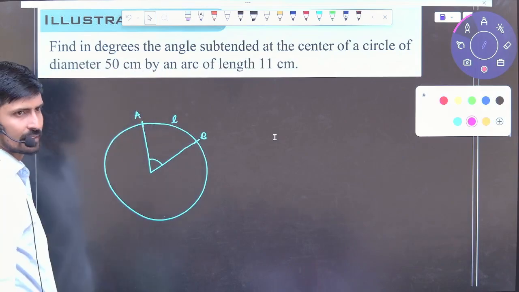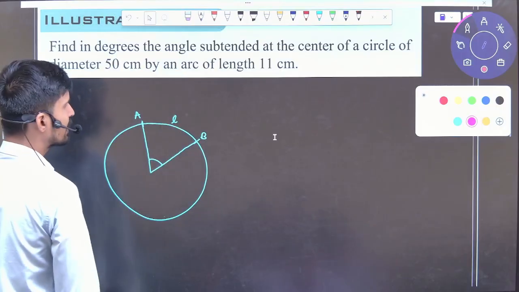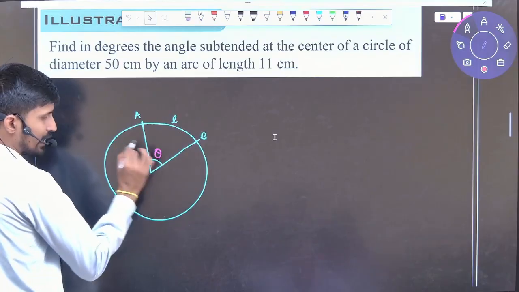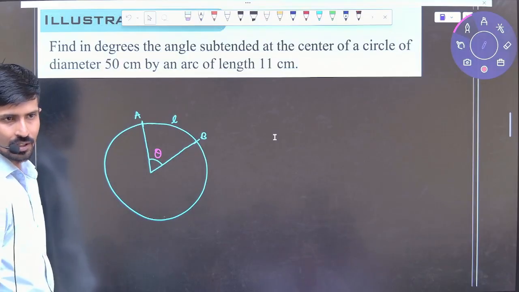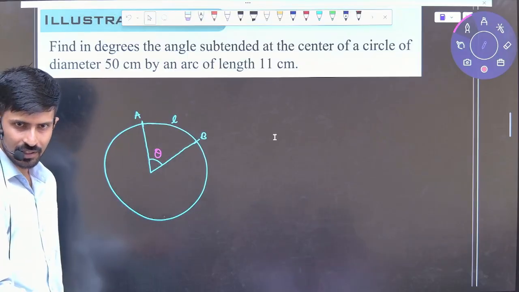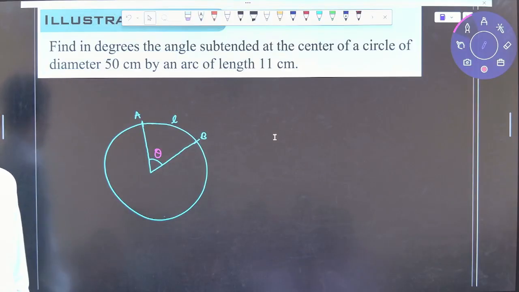Find in degree the angle subtended at center of circle. So this theta we have to find, and theta we have to find in degree. So first we'll find in radian, and 1 radian is 57 degree. So then we'll again multiply by 57, we'll get in degree. Okay na?